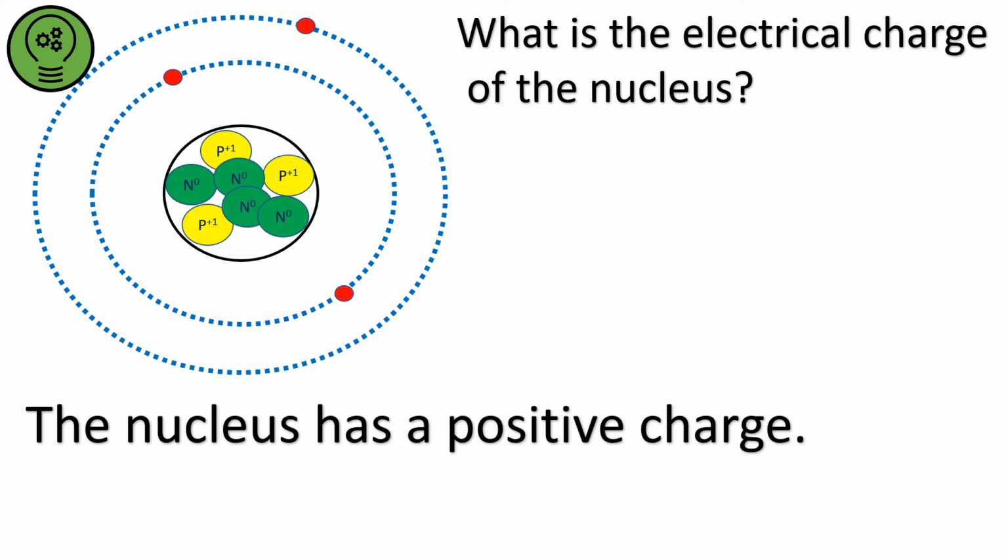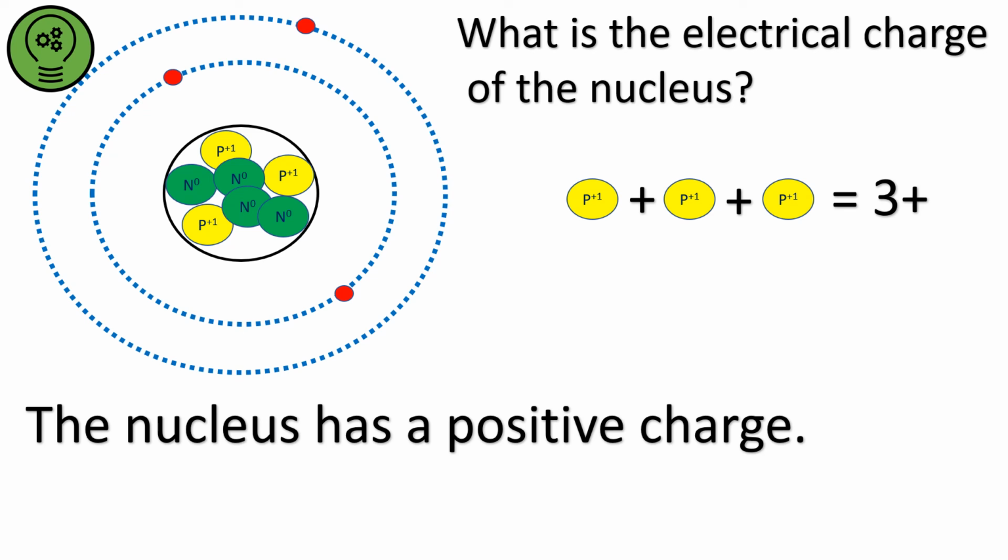And the nucleus then always has a positive charge, always, doesn't matter what atom it is. The nucleus, the middle bit, is always positively charged. We've got neutral neutrons, so we can ignore them, and we can add together the number of protons. 1, 2, 3. So this atom has a positive 3 charge in the nucleus.